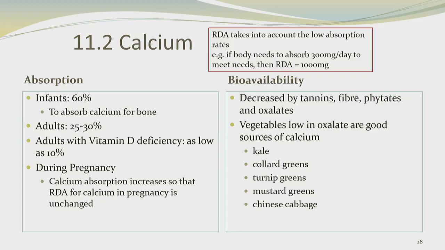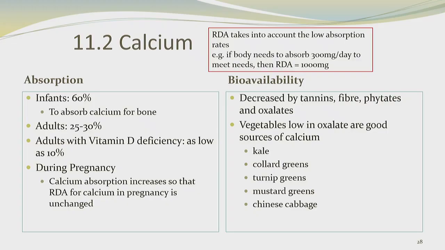We talked about adults. Next, the life stage that we're looking at is pregnancy. And during pregnancy, interestingly enough, calcium absorption increases. So you have about 57% absorption of calcium from our foods in the second trimester, and it goes as high as about 75% in the third trimester if you have optimal levels of calcium intake, right?